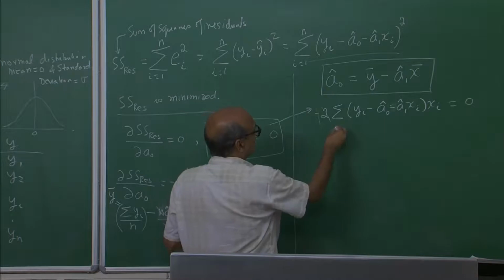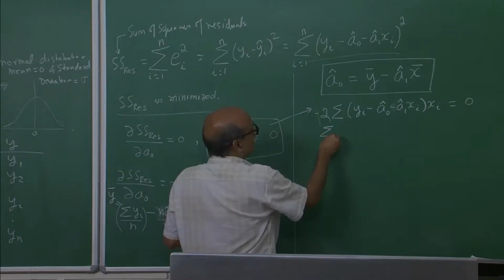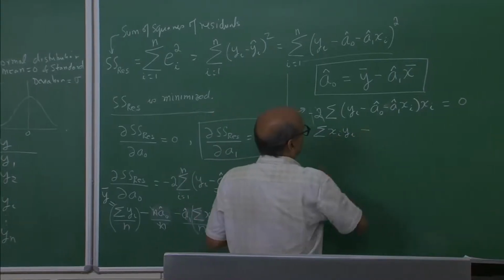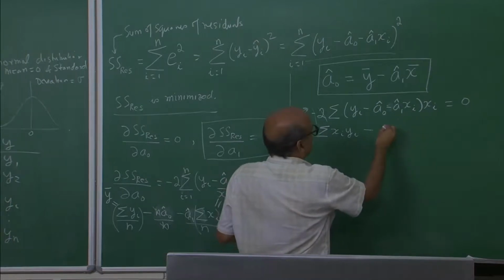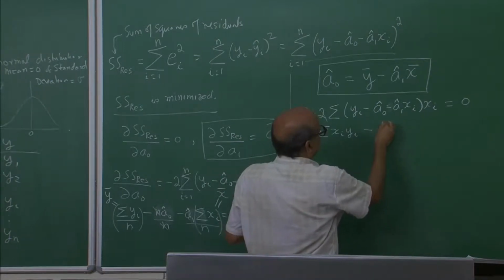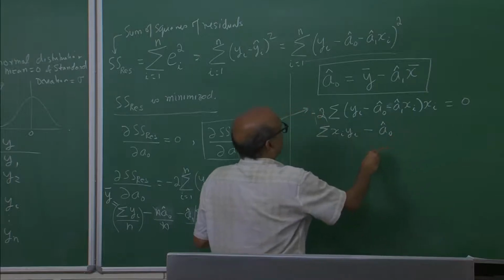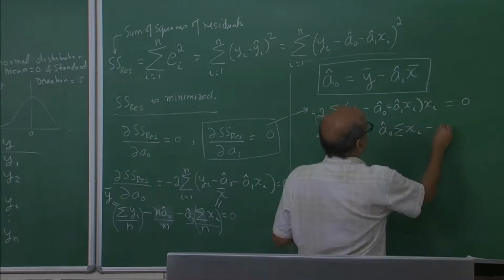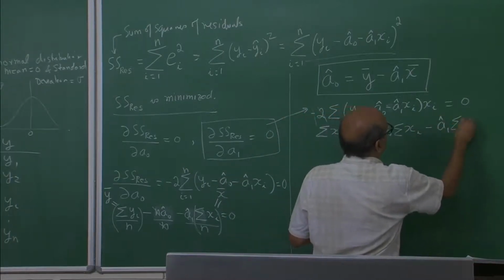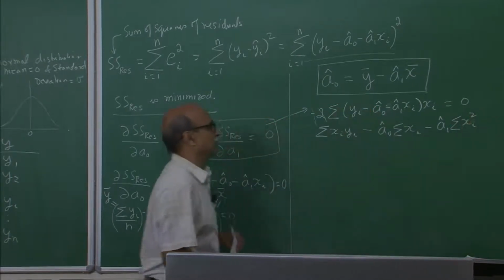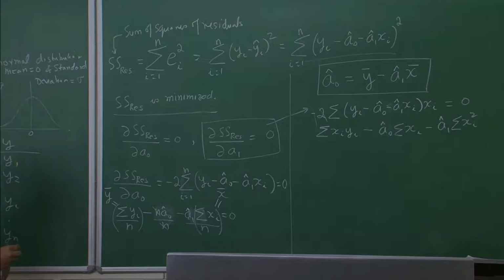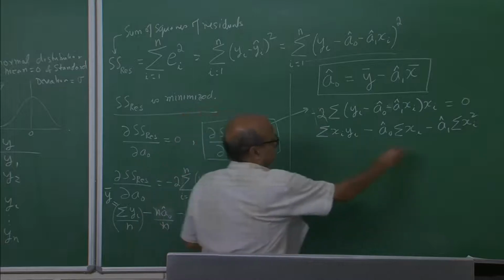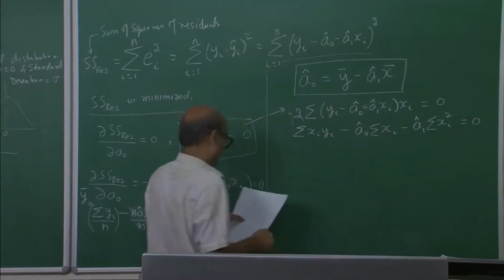When I do this, I will get summation xi yi minus a naught cap summation xi minus a1 cap summation xi square, and this is equal to 0.